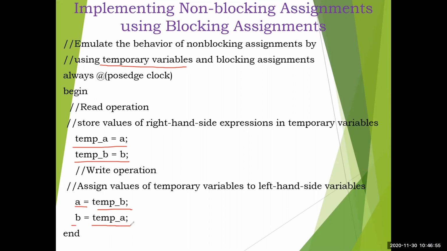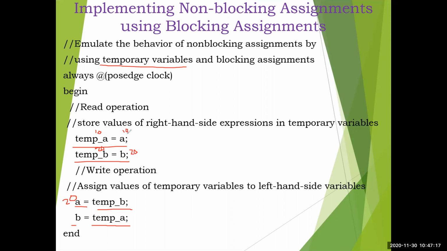With this, what will happen? This statement will be executed first. A has value 10, so it will be stored in temp A, and B has value 20, so it will be stored in temp B. In the next statement, temp B has value 20, which is assigned to A, so it is properly swapped.